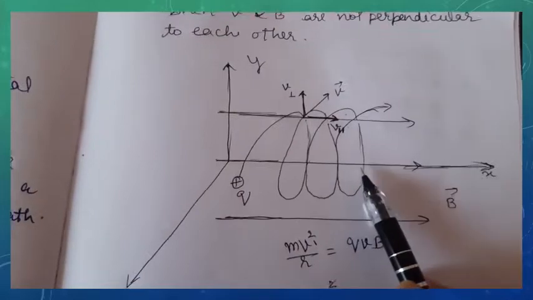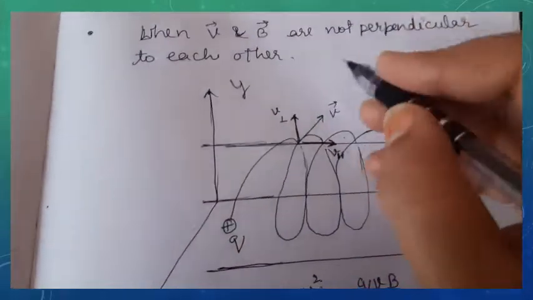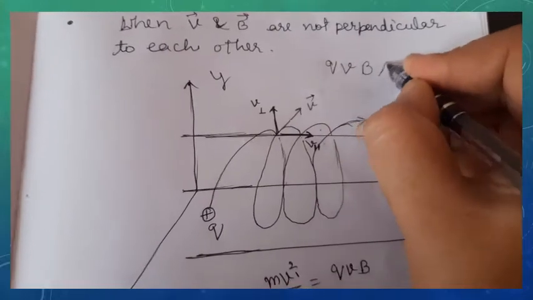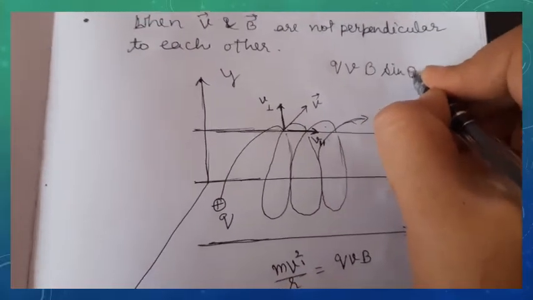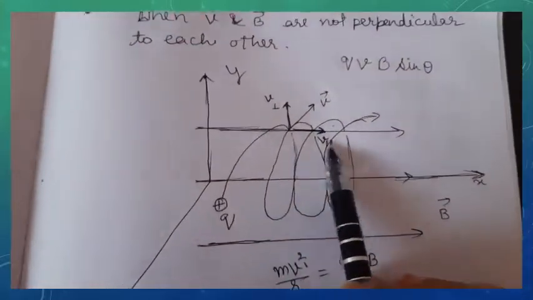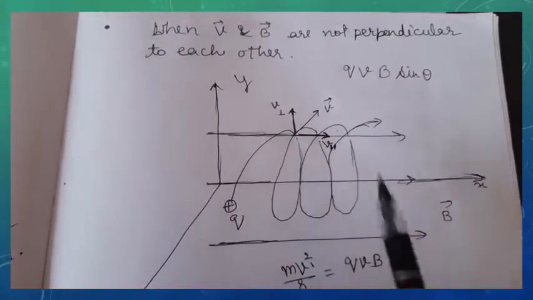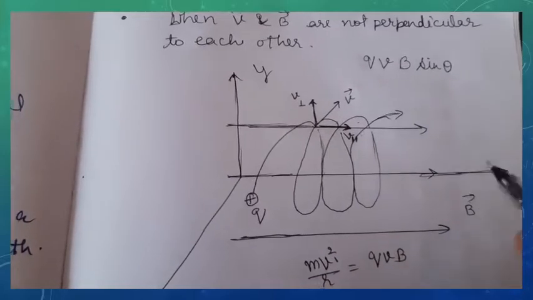Now we know that the force acting on a charge due to a magnetic field and velocity is qvB sinθ. Here for the parallel component, the angle between v parallel and B is 0.